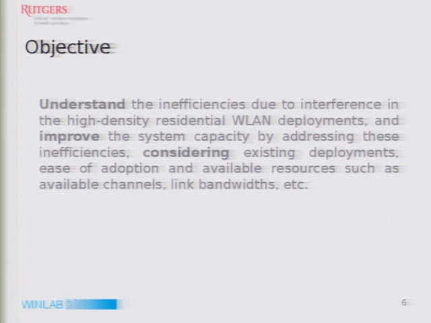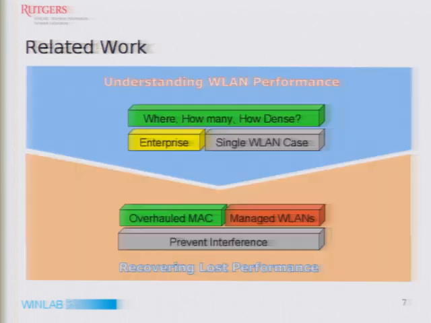We also want to think about the resources made available to us, like the number of available channels, and also wired link capacities to these access points. This is actually insightful in understanding why some of the previous work did not address this objective.